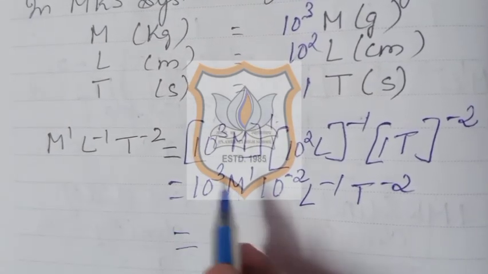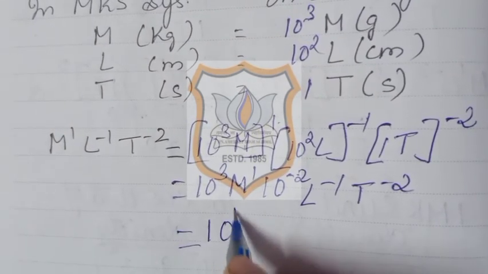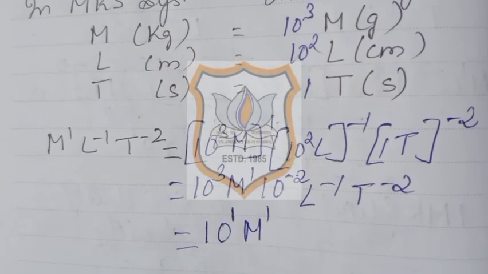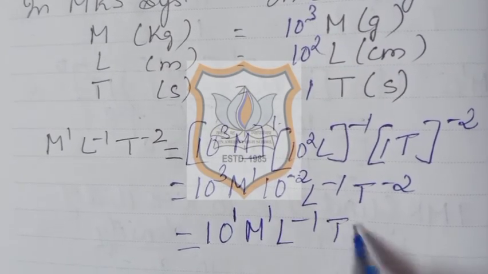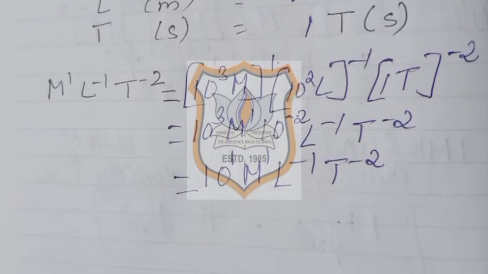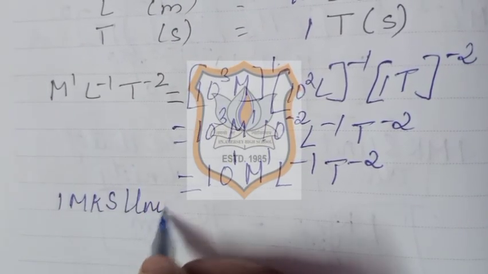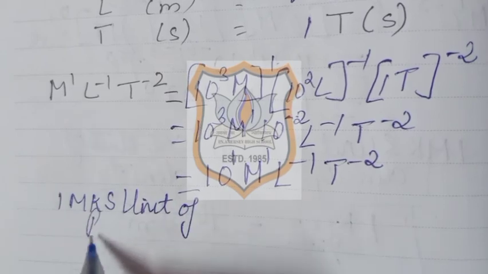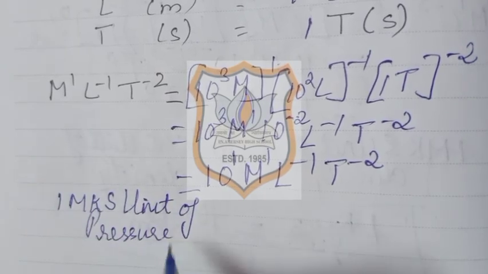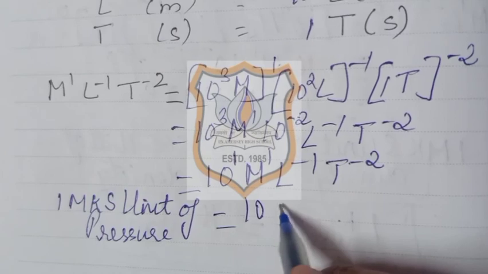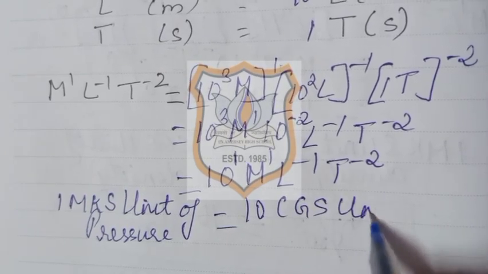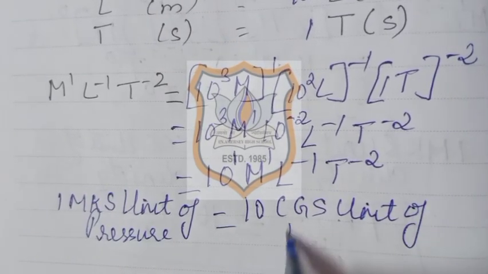So this will become 3 minus 2, that is 1, m1 L minus 1, T minus 2. So what are we getting? 1 MKS unit of pressure is equal to 10 CGS unit of pressure.